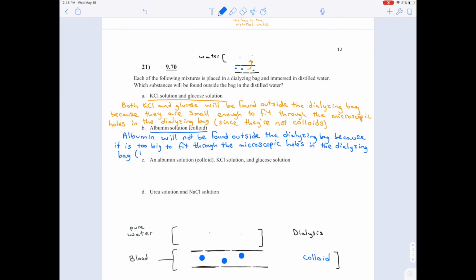And we know that because it's a colloid.